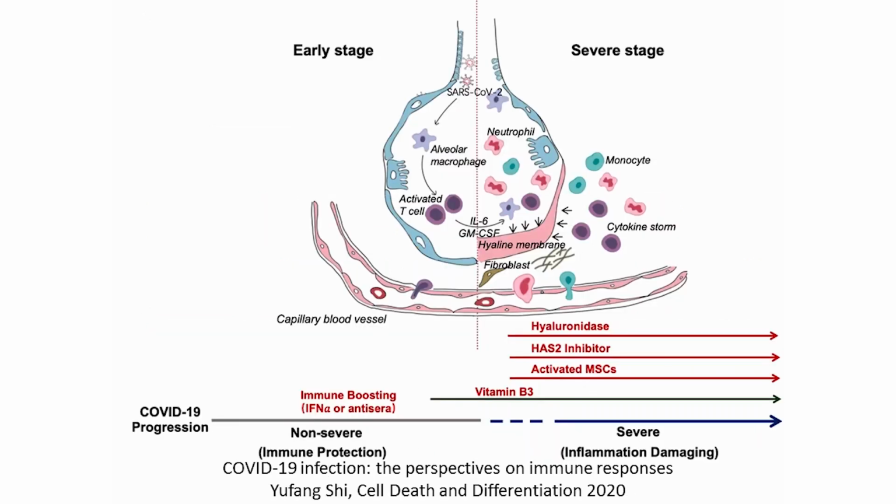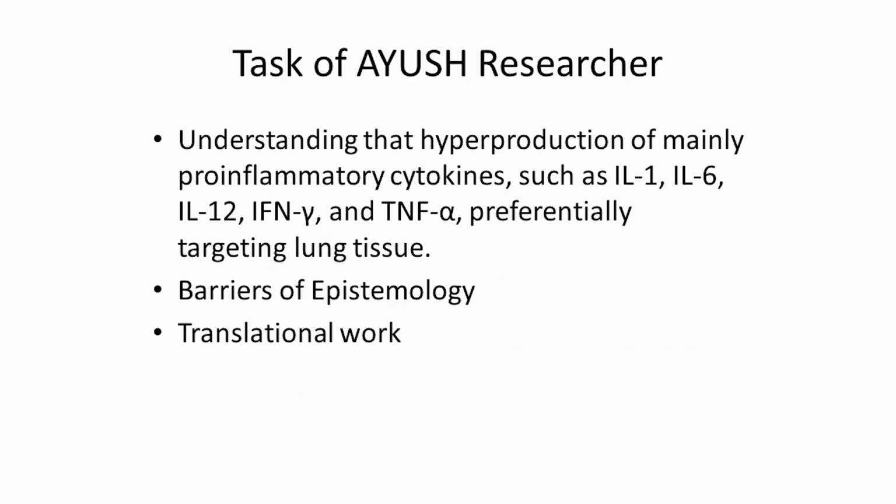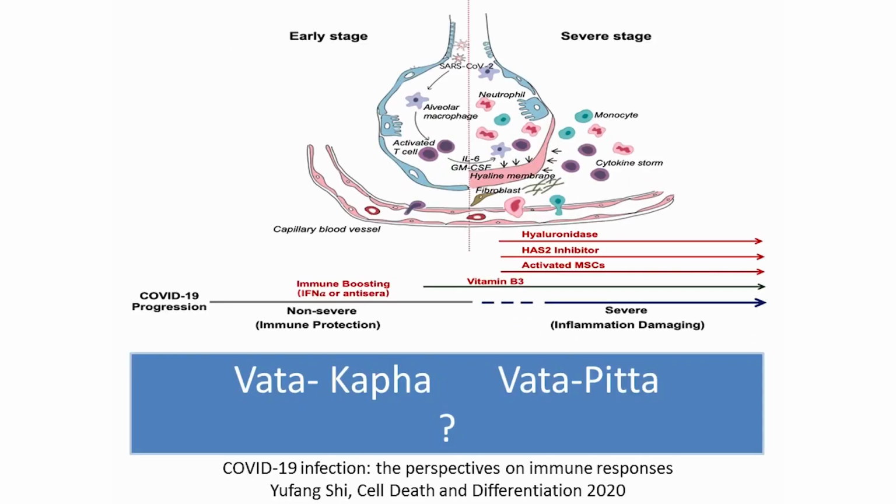Perhaps if the early phase and severe phase are different, our way can be, perhaps, I'm not concluding, this is not a concluding statement, but it needs to be checked whether the earlier phase is Vata Kapha dominant, whereas the latter phase is Vata Pitta dominant. Because once the cytokine storm is there, there is Dhatu Paka in inflammation and multiple organs, inflammation and even decay of body tissues.